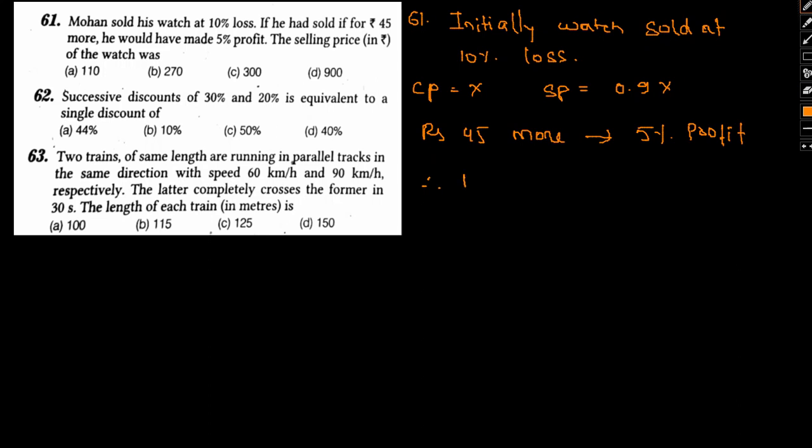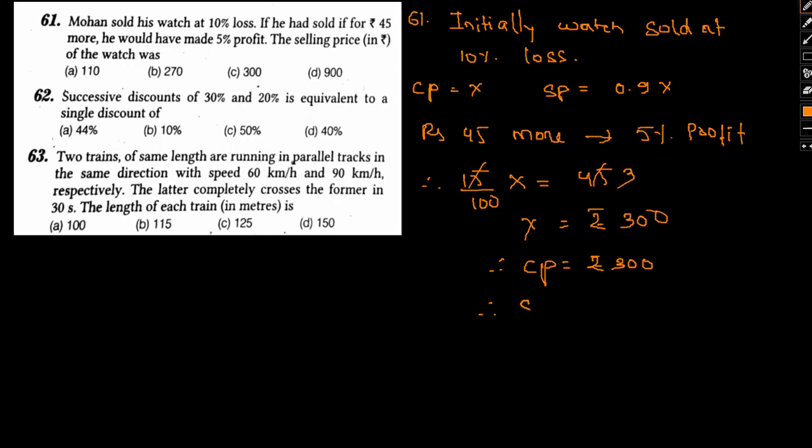So 15% of this CP is nothing but 45, because the entire range comes out to be 15. So therefore the CP comes out to be rupees 300. Therefore the selling price is 90%, or 0.9 into 300, that is 270 rupees. Option B is the answer.